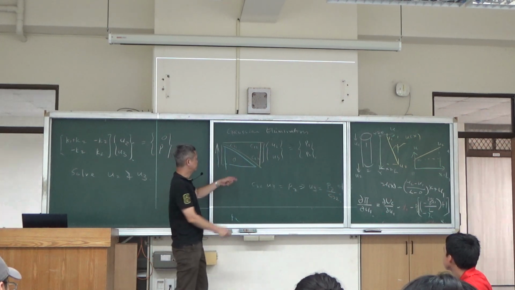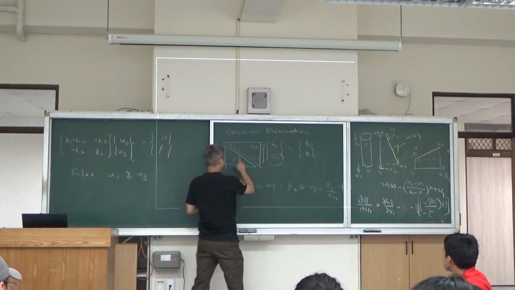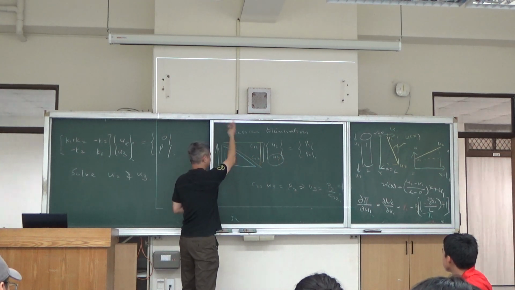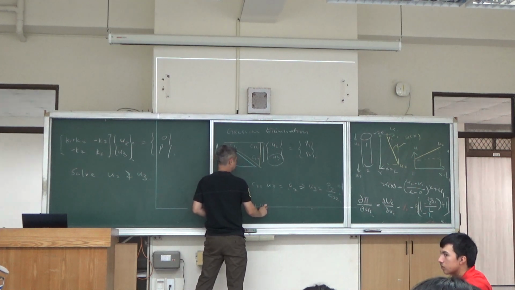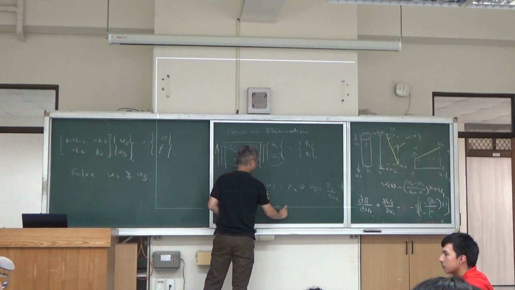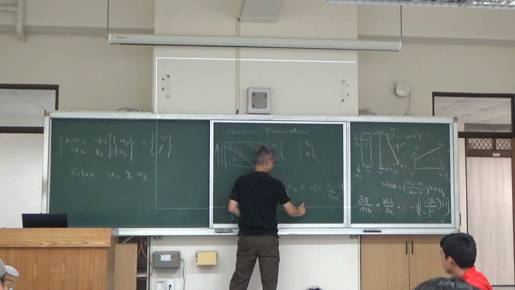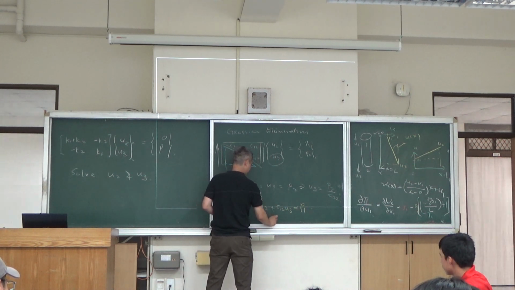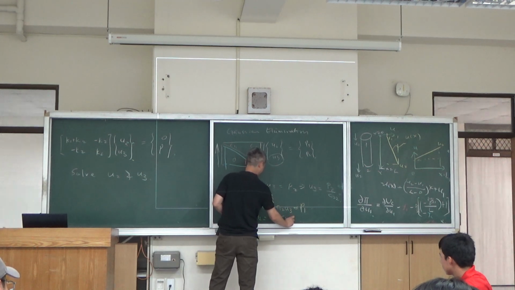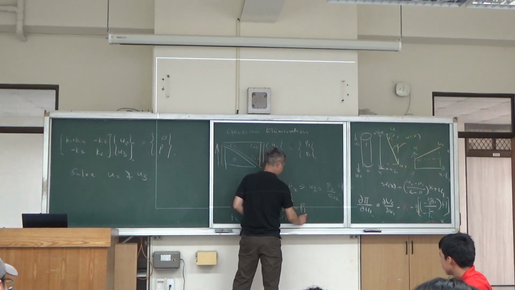Since you have solved this, what is your equation above? Your equation above is C11 U2 plus C12 U3 equal to P1. So your U2 is equal to P1 minus C12 U3, divided by C11.